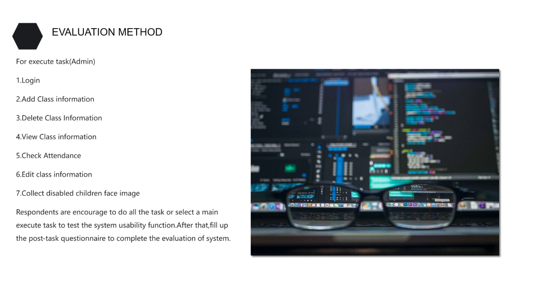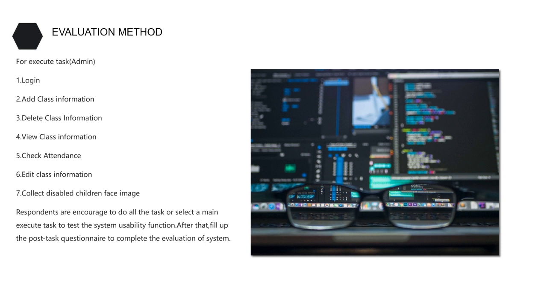For the admin's execute task, they can log in, add class information, delete class information, view class information, check attendance, edit class information, and collect the disabled children's face image.